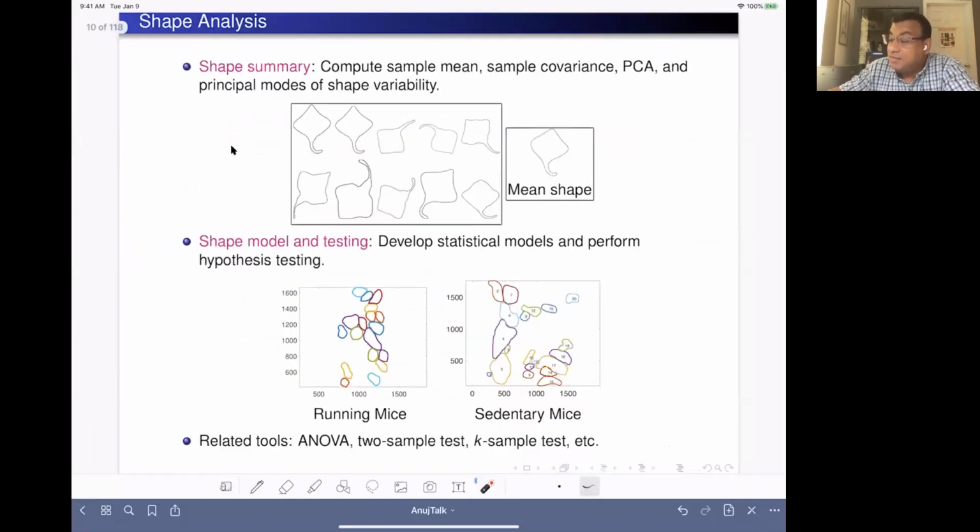Then, getting a little into statistics, we want to do statistics 101. If you are given a number of shapes, let's say samples from a population, what is our estimate of the mean shape? If we can compute the mean, how does one quantify covariance?